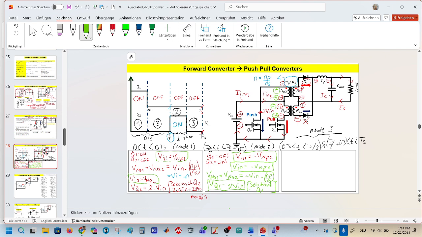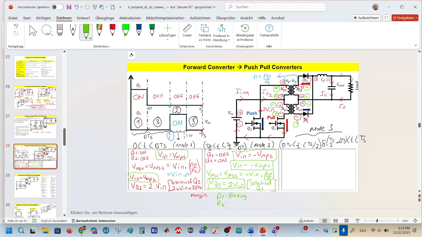And during the second mode, we would say the polarity also changes. And in this case, here we have plus. That means D1 is blocking and D2 is conducting.